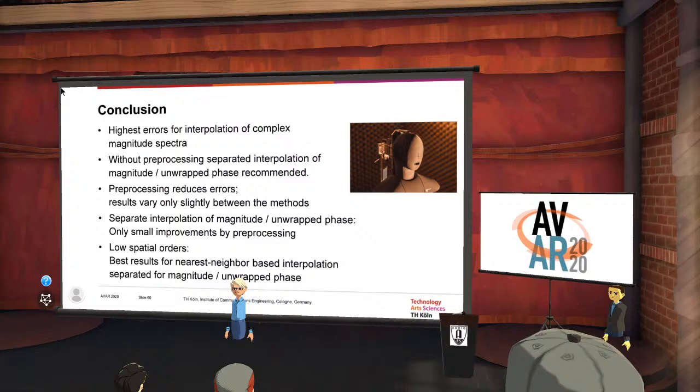Well, not in this study, but we applied the method in informal listening tests to non-static, so head-tracked, scenarios, and no, we did not perceive specific artifacts for some specific methods. Maybe for the phase unwrapping, we have to take care that for lower frequencies, this phase unwrapping works fine, so we should have a look there. But no, we did not perceive artifacts for specific methods, and as well not in dynamic scenarios. No, that worked fine. Thank you.